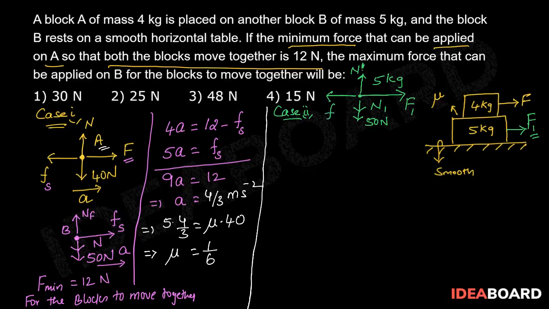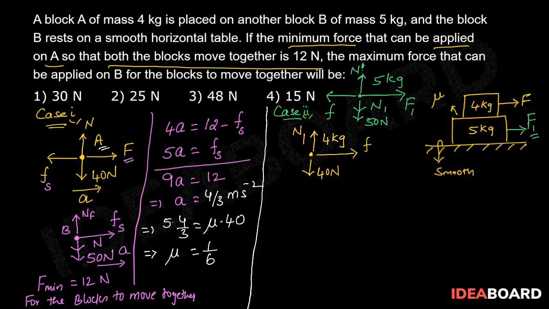Let us draw a free body diagram of the 4 kg. Its weight, 40 newtons, acts vertically downwards. Normal force given by the 5 kg block will act vertically upwards. By Newton's third law, frictional force will act on the 4 kg block towards the right.